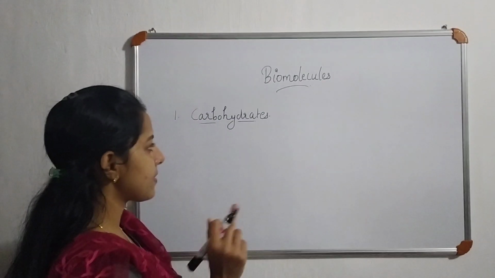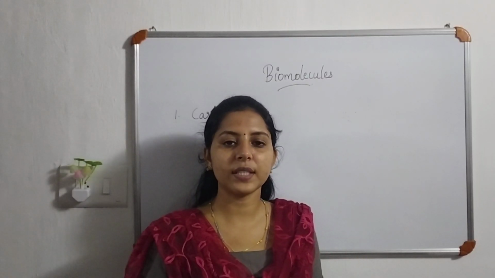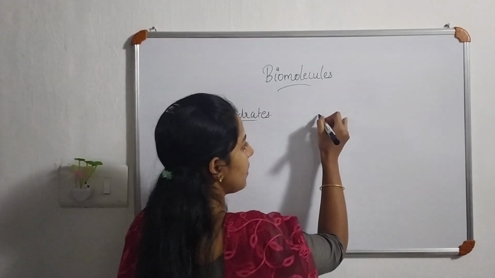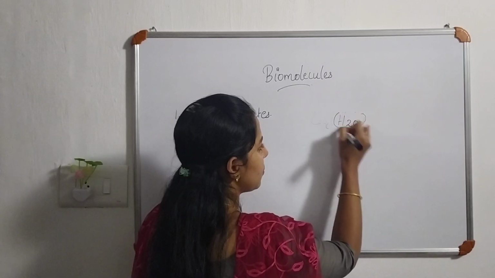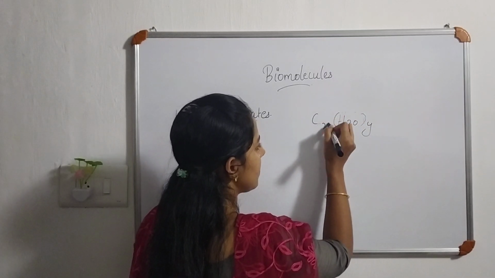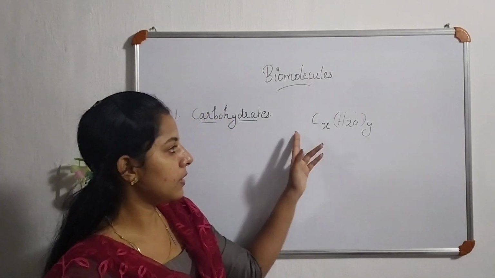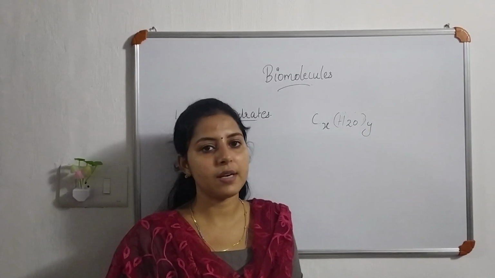First, what is carbohydrate? In earlier times, carbohydrates were defined as the hydrates of carbon with the general formula CxH2OY. All the compounds that correspond to this formula were identified as carbohydrates.